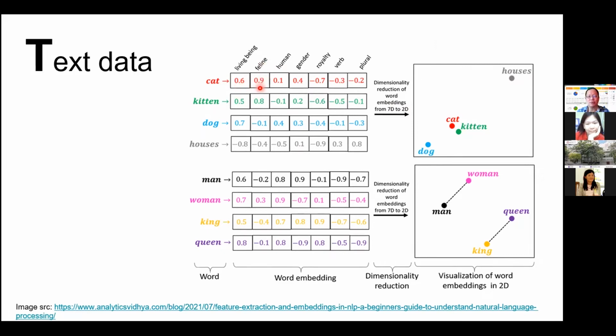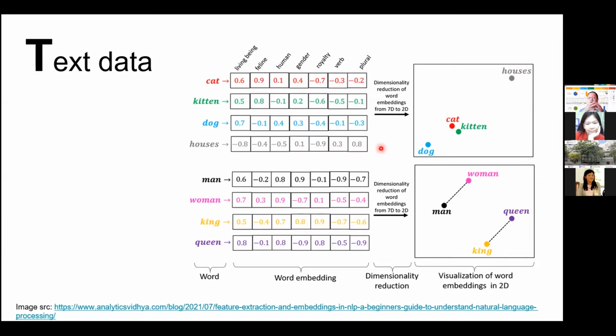Feline, yes, then 0.9 because a cat is a feline. Human, no, it's not human, but it has some human features, so it is 0.1. Royalty, definitely not royalty, so it's minus 0.07. And then something else, for example, house is not a living being, so it's negative 0.8. Has gender, maybe a house might have a little bit of gender, so 0.1. Is it plural? Yes, it's plural, so it's 0.8.